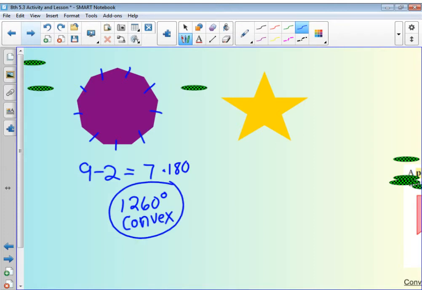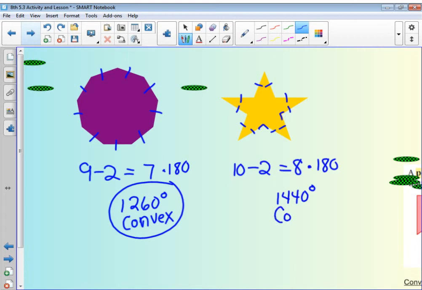On our next one, we've got 1, 2, 3, 4, 5, 6, 7, 8, 9, 10 sides. So 10 minus 2 gives us 8 triangles that would make that up. Then we take that times 180, so 8 times 180 gives us 1,440 degrees. And here it caves in on multiple sides, so this would be a concave.